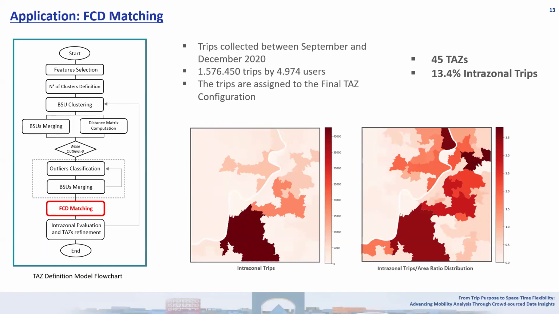If the percentage of intrazonal trips is high, it means the initial configuration was too ready to aggregate, so we restart the procedure using a larger number of initial clusters. However, if the global threshold is fine, then we go into the evaluation of the specific zones. For each specific zone, we want the ratio between the number of intrazonal trips and the area of that zone not to surpass a certain threshold. In case it does, we can split the specific zones where we have a lot of intrazonal trips into further zones using the same methodology.